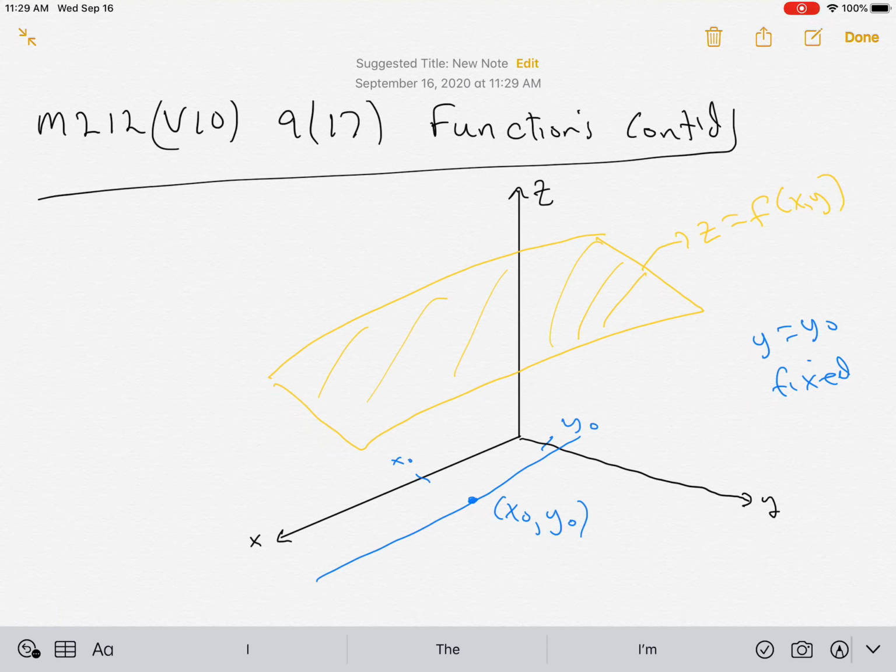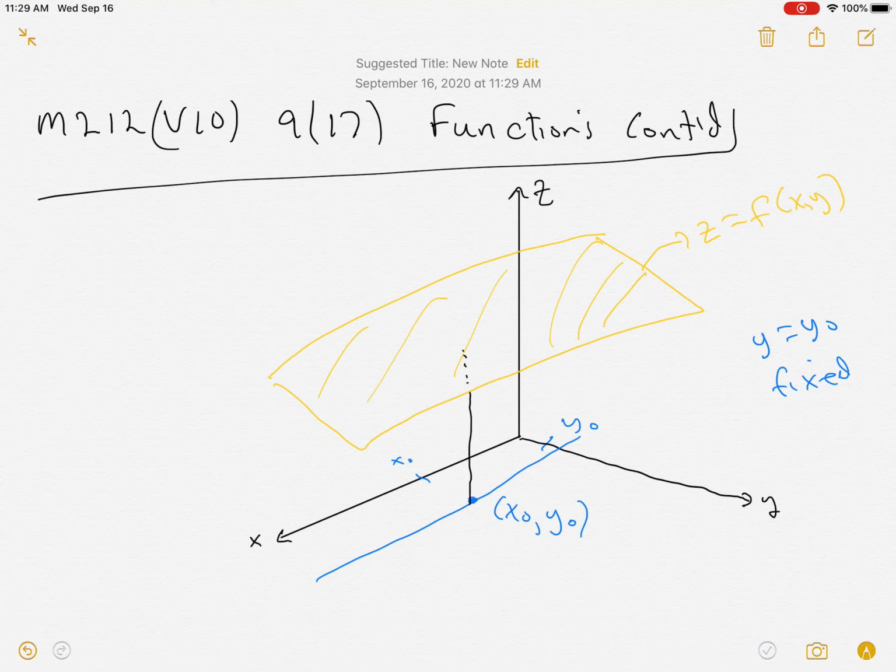And so if you project this point up, this gives you the point. We'll call it P, x naught, y naught, f of x naught, y naught. So here's this point on our surface, and the tangent line that's parallel to the x-axis looks like this.